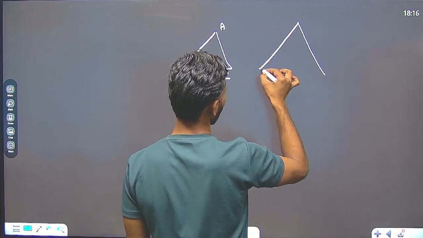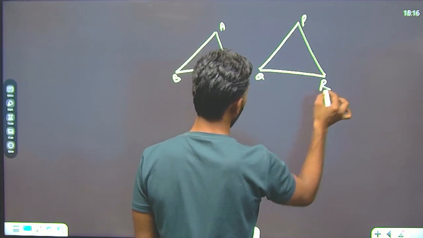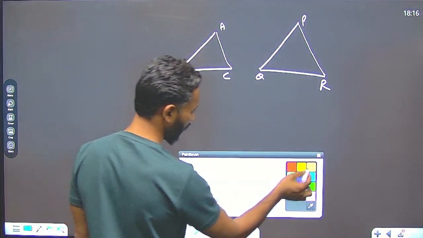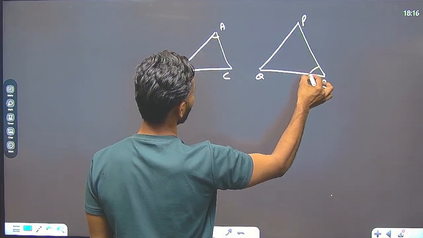Okay, I'm saying that angle A of triangle ABC is equal to angle R of triangle PQR.